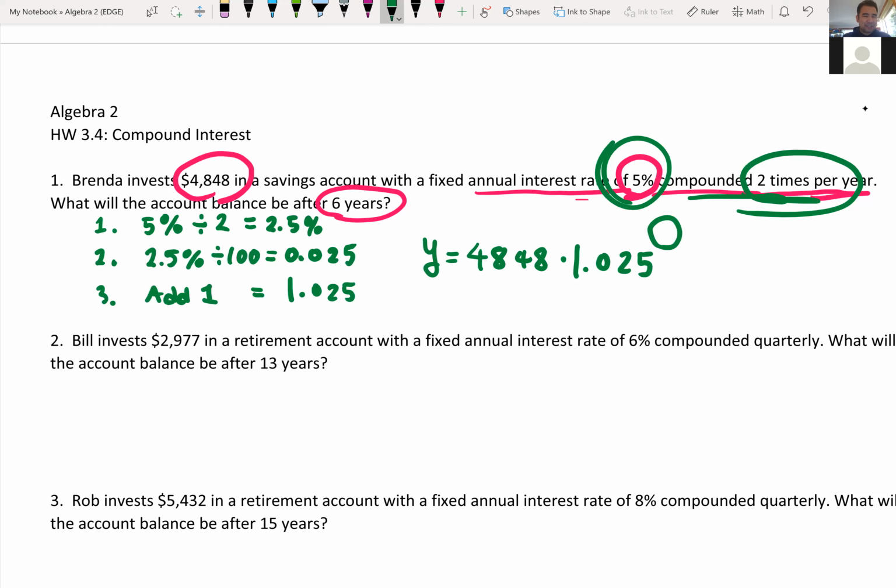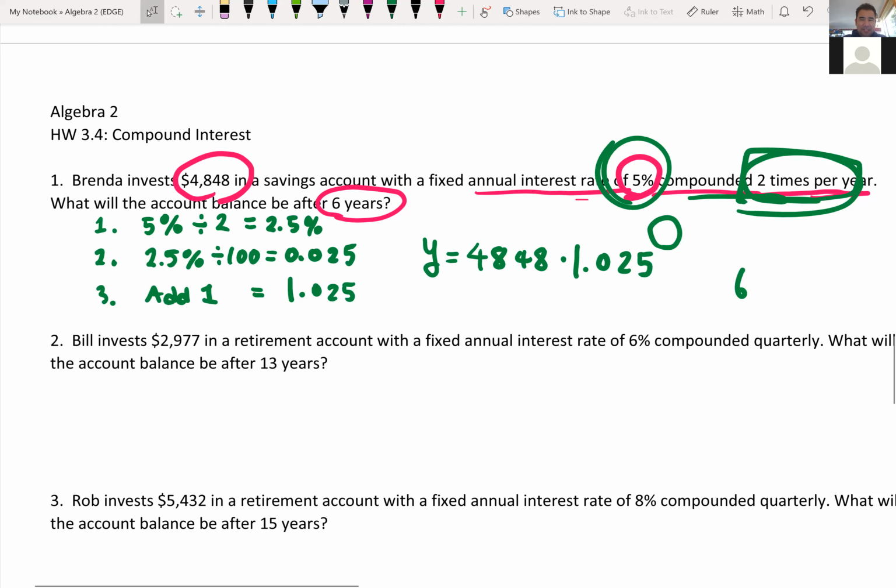Don't forget. I don't want you to be forgetting. Definitely, this is going to be one of the choices. It will be a multiple choice test question, right? And definitely, I will be using 6 as one of the choices, but it's not going to be 6. You're receiving 2 times per year.